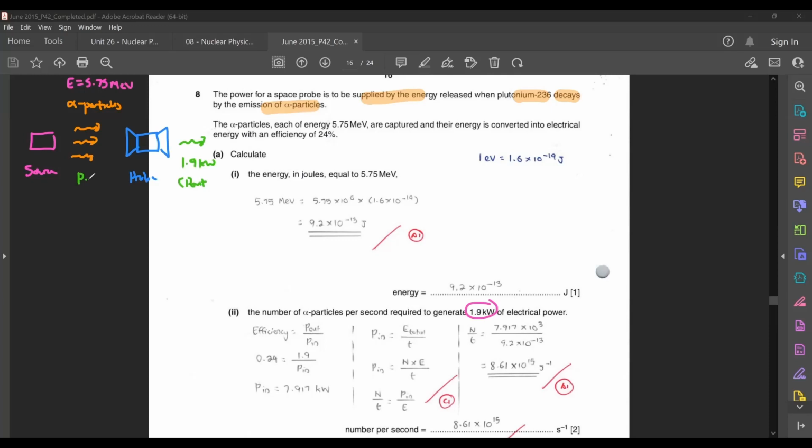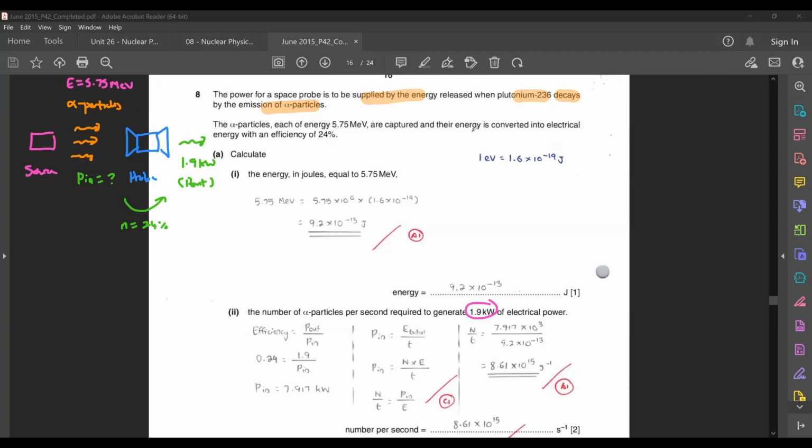So here, there's a specific input power provided by your alpha particles, but your space probe is converting the power from your alpha particles to your actual output power with an efficiency of 24%. Okay, not all the energy of your alpha particles will be converted to the required energy. Only 24% of it will be converted. So this is one way of looking at it right now.